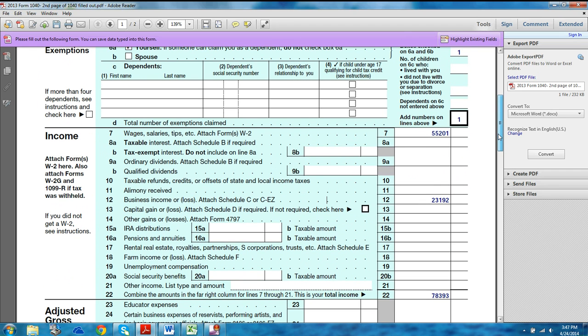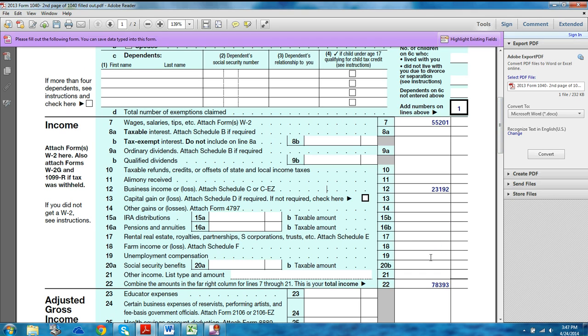The next portion of the return is the income portion. Now, there are many different kinds of income that need to be reported on your income tax return. One of the main ones, and one that a lot of people are only familiar with, is the W-2 income.